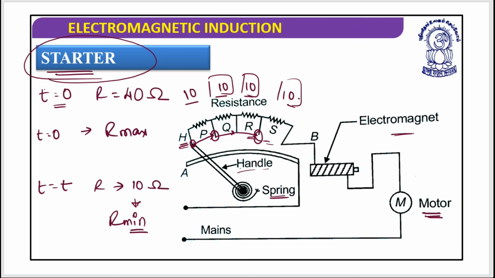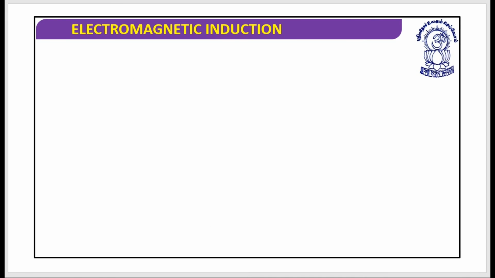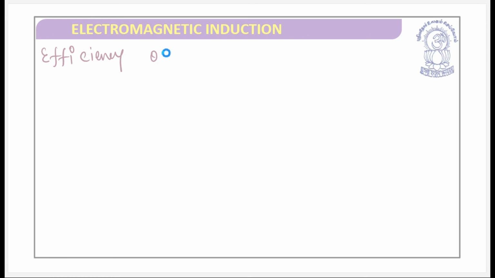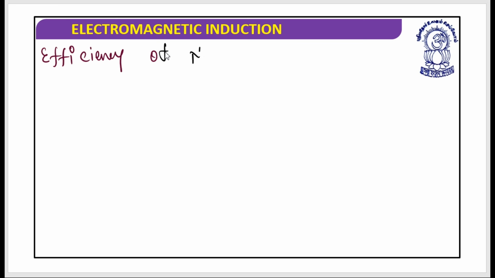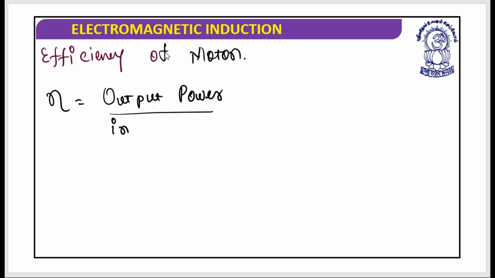Now let's discuss the efficiency of the motor. Efficiency is always equal to output power divided by input power, and if it is in percentage, multiplied by 100.